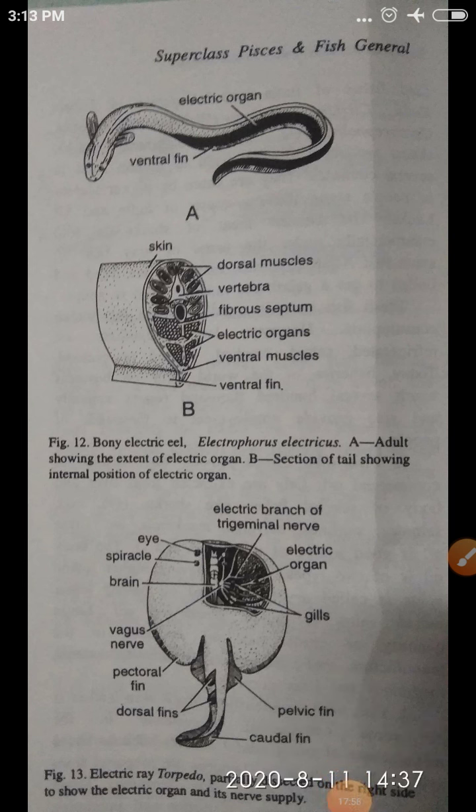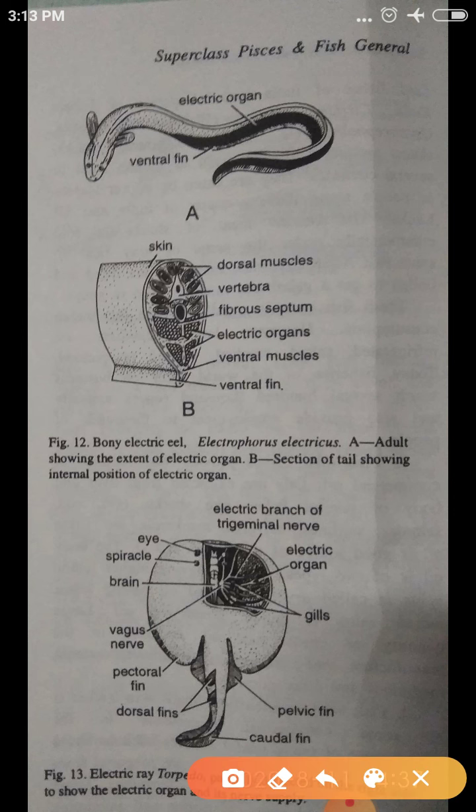Some fishes like the cartilaginous electric ray, that is the torpedo, have electric organs which give powerful shocks to swimmers and fishermen. An extreme case of specialization is the bony electric eel, that is Electrophorus electricus. This one is Electrophorus electricus, and this is the torpedo.